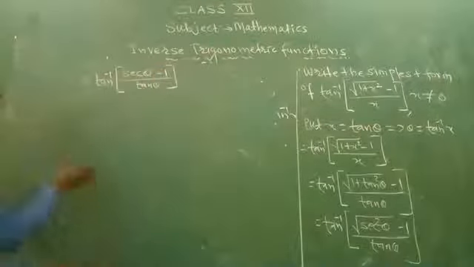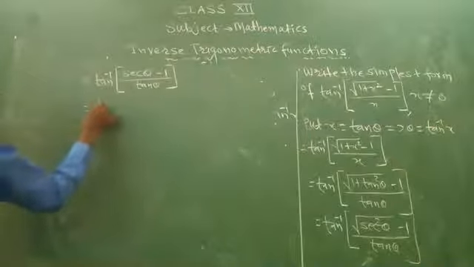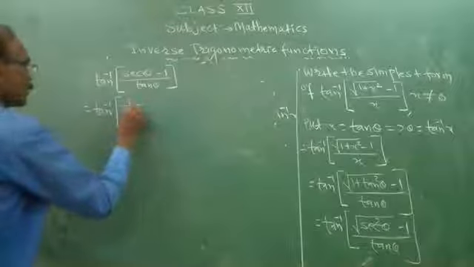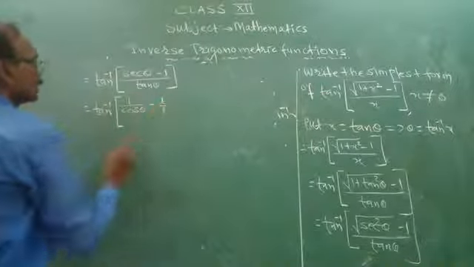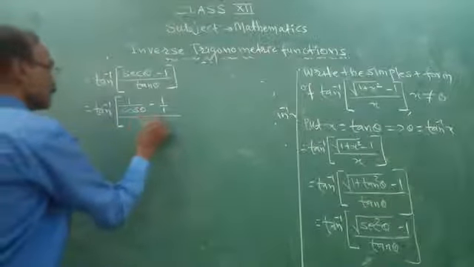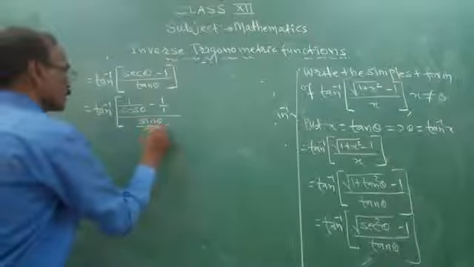Okay, that is equal to tan inverse of sec theta, meaning 1 upon cos theta, then minus 1, divided by tan theta, meaning sin theta upon cos theta.